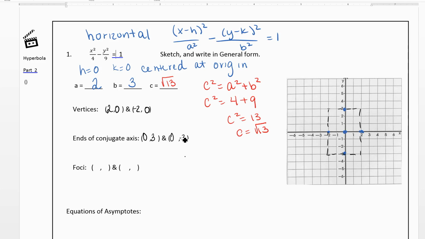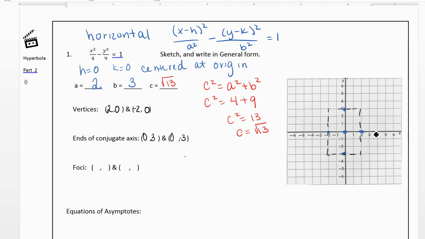Now our foci, they'll always be along our transverse axis where our vertices are. So we're going to start from our center and we're going to go left and right by c. Now the square root of 13 would be bigger than 3 and smaller than 4.